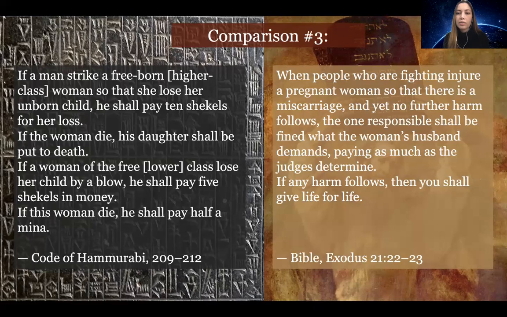Does that make sense? So there is a difference in the value that women have in the Hammurabi Code and in the Bible. In the Bible, a man and a woman are equal, their values equal, right? If a woman dies, the man who killed her dies. But in the Hammurabi Code, if a woman dies, the daughter of the man that killed her dies, okay?